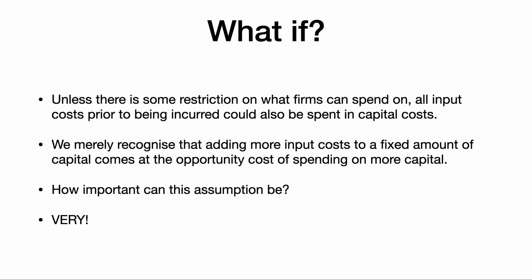And so the return-seeking firm idea is to really just recognize that every input cost you add onto a fixed amount of capital comes at the opportunity cost of spending on more capital. Okay, which seems quite intuitive and logical, but it turns out to be a very, very important assumption.